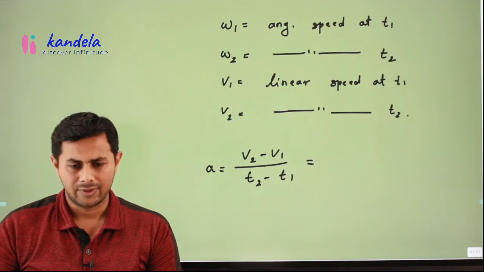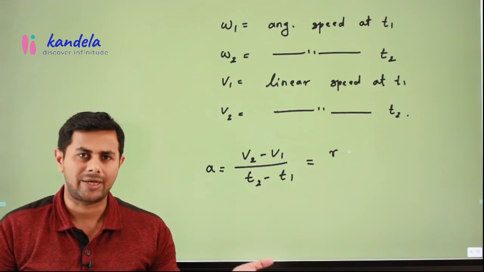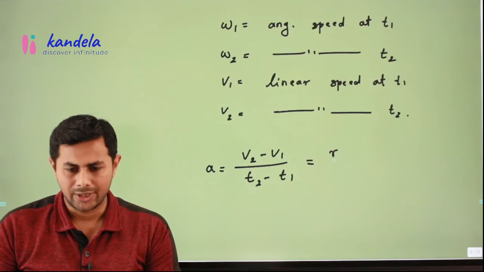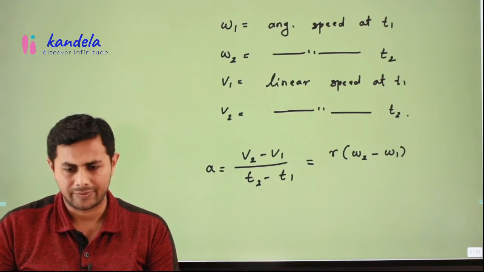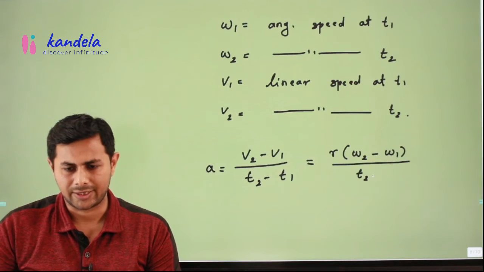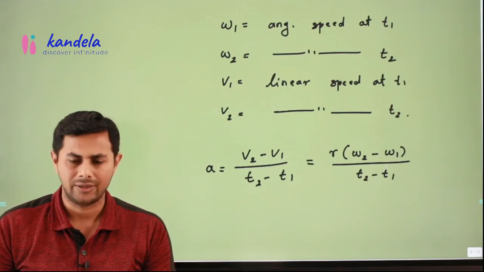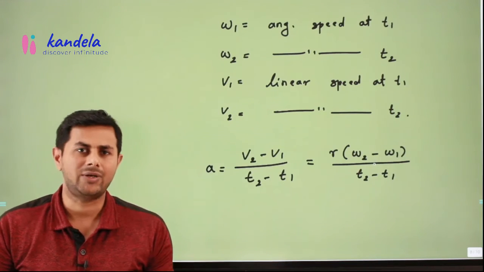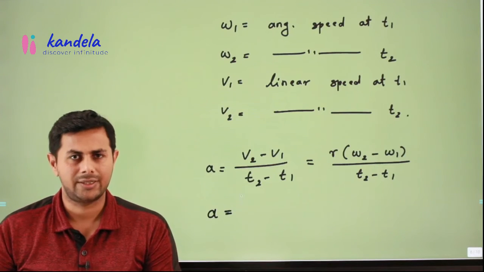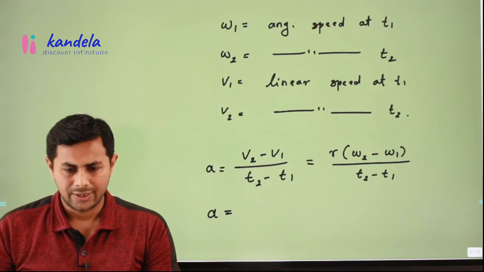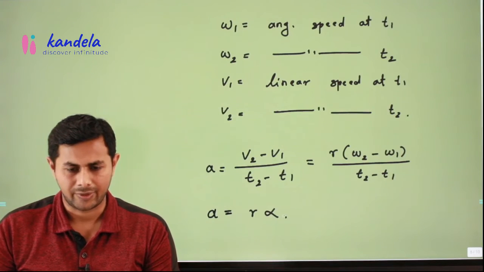It's equal to r multiplied by omega 2 minus r multiplied by omega 1, and I will take r common, so it will be r multiplied by omega 2 minus omega 1 divided by t2 minus t1. And what is omega 2 minus omega 1 divided by t2 minus t1? It is my angular acceleration. So a, the linear acceleration, is equal to r multiplied by angular acceleration alpha.